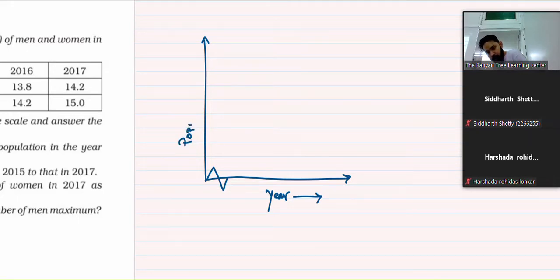Here in bracket you will write in thousands, put an arrow like this, and then you can mark the points.